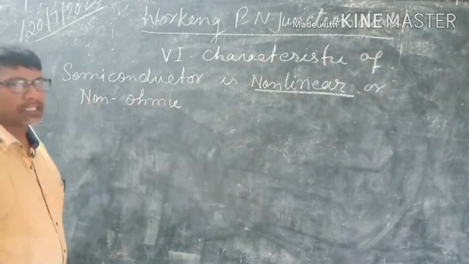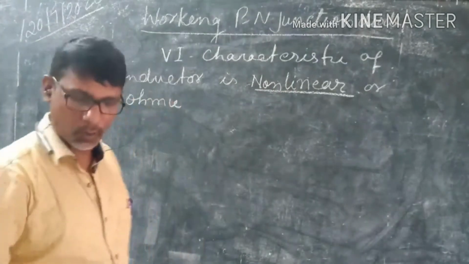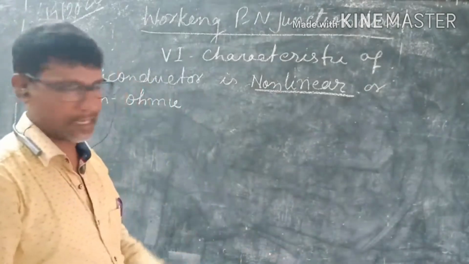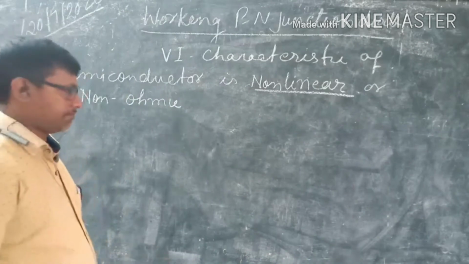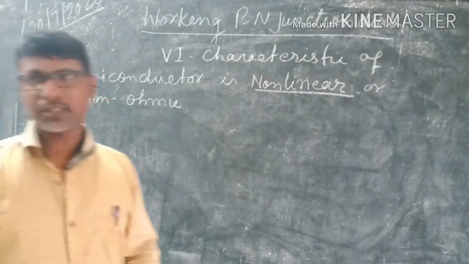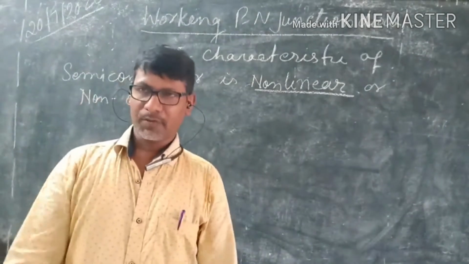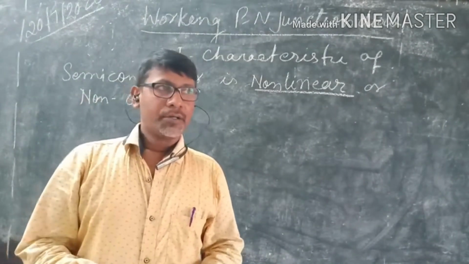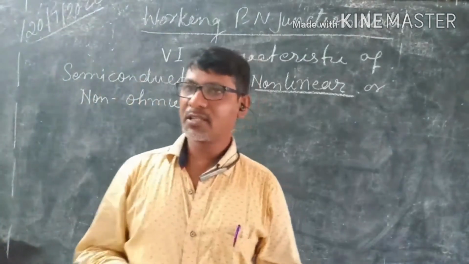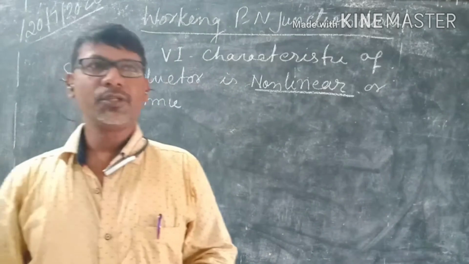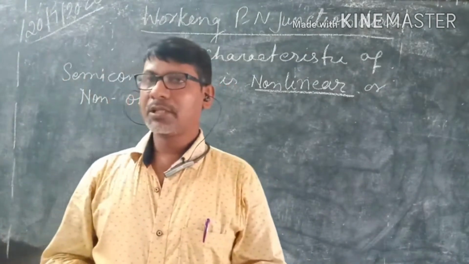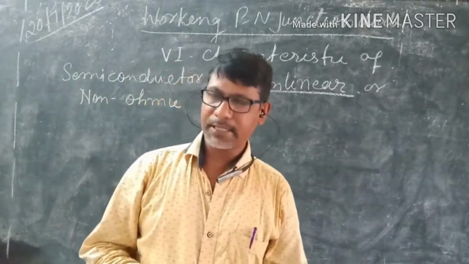Non-ohmic means it doesn't follow Ohm's law, and non-linear means it is not a straight line. So how is the graph? For drawing the graph, we take both the conditions, the forward bias and reverse bias. Of course, there is no use of reverse bias in a PN junction diode, but we draw the graph for comparison with the forward bias.